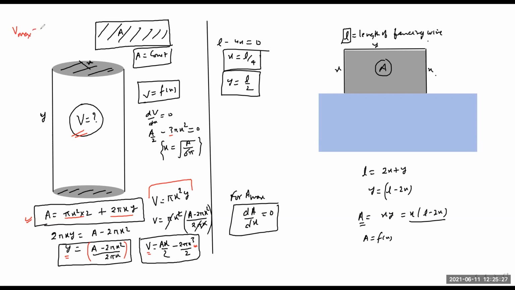Now we can find the V max, which is a by 2 into x, where x is under root a by 6 pi, minus pi x cube. And x cube is how much? So it's a by 6 pi.